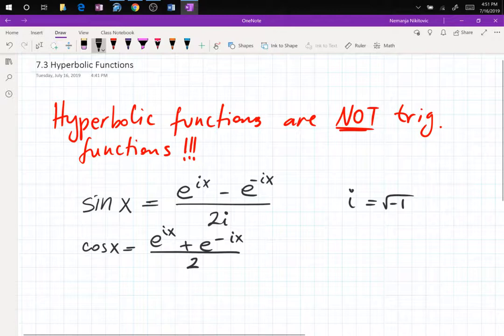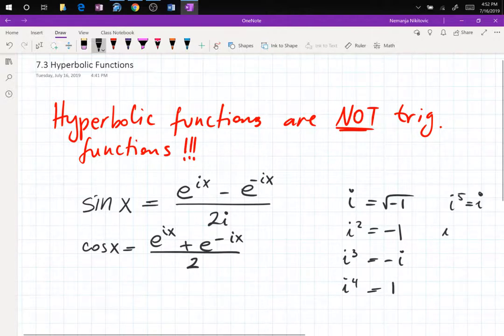And the reason why it's periodic is this i, because i tends to loop as you apply powers to i. i to the first power is just i, but i squared is -1. i cubed is negative i, i to the fourth is +1, and then i to the 5 loops back to be i, i to the 6 is -1, i to the 7 is negative i, i to the 8 is +1, and then rinse and repeat forever.